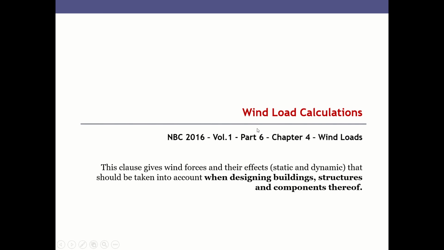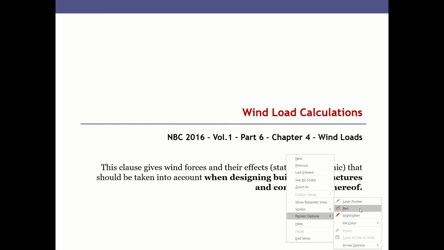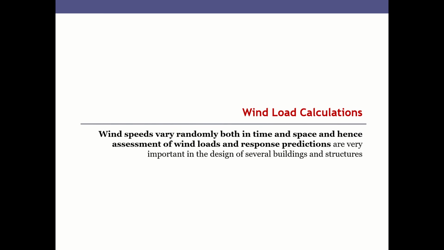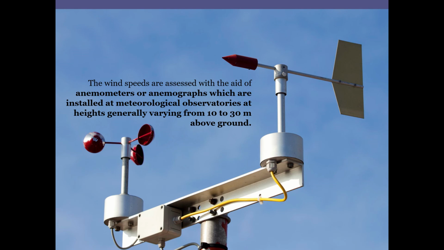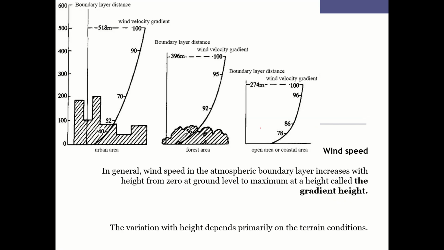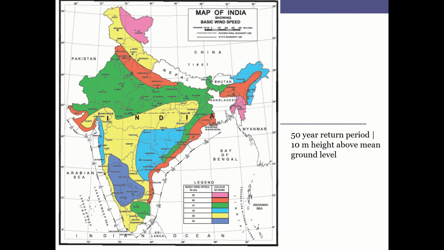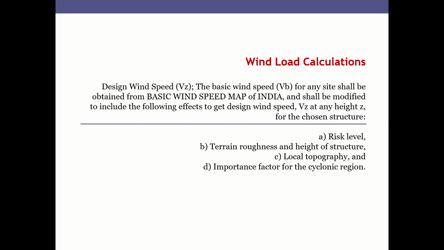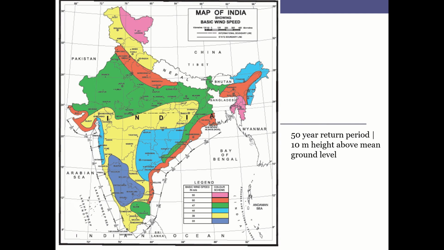And then I said we have a code where we can check what the codal provisions say about wind load calculations in buildings. There are different aspects in which the wind is calculated. We saw VZ, the design wind speed, using this diagram.